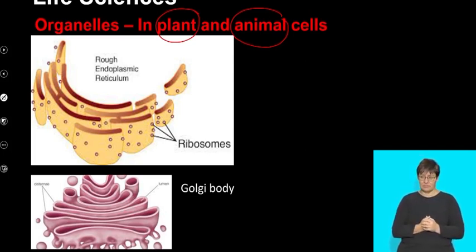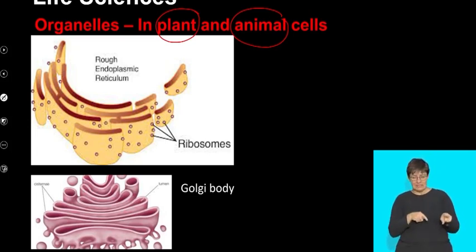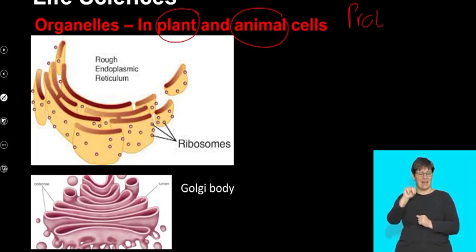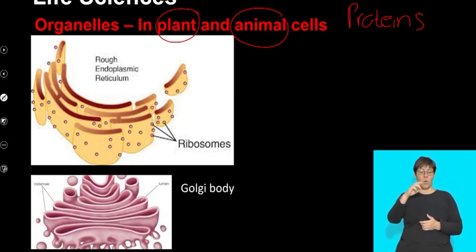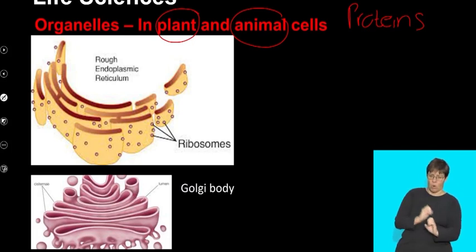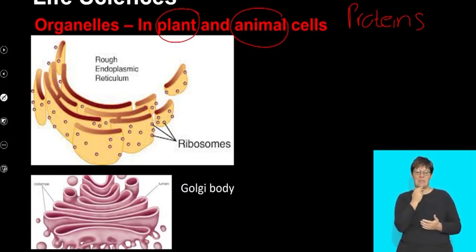Now, later on in your studies, you're going to have a whole concept of how proteins are made. Now, proteins are really important, and a lot of the proteins that are made in your body are life-giving proteins like hemoglobin that you need to transport oxygen, or blood clotting proteins, or insulin that you need to help you with your sugar.